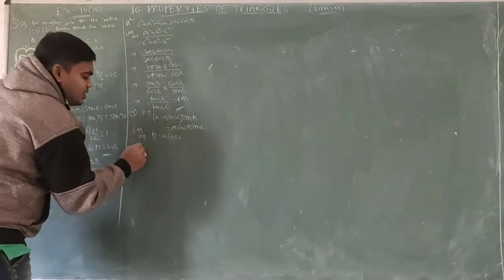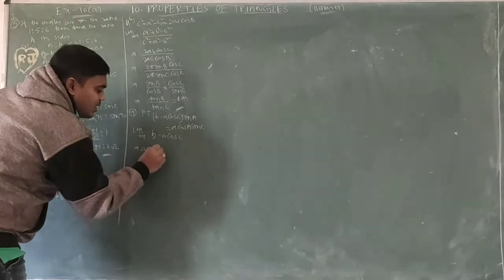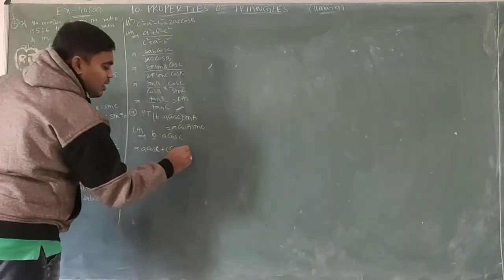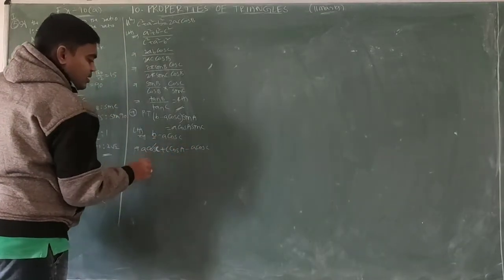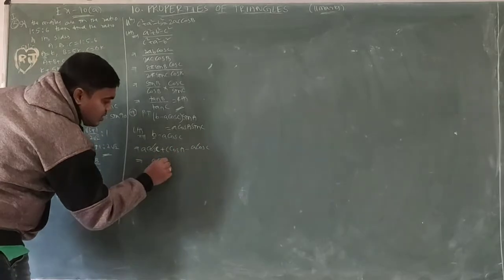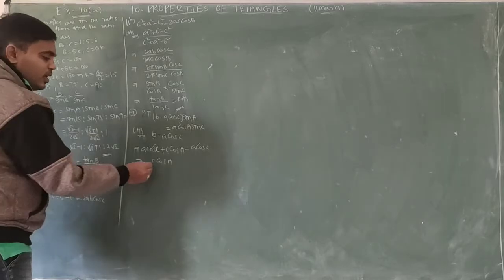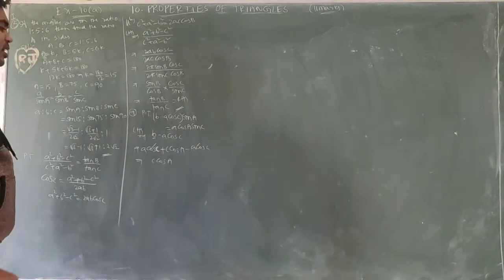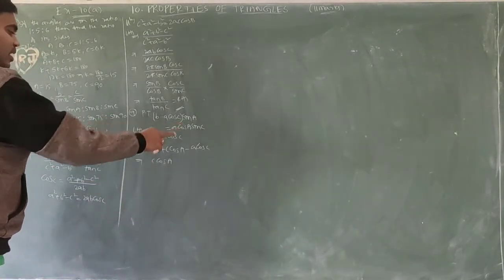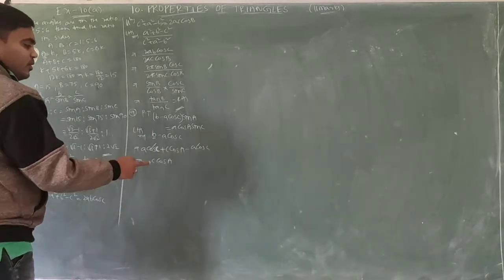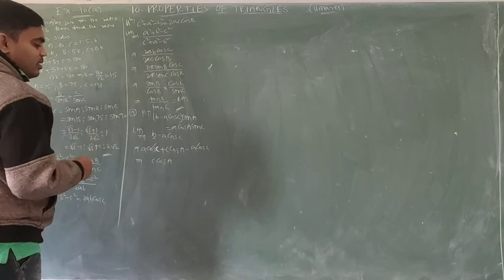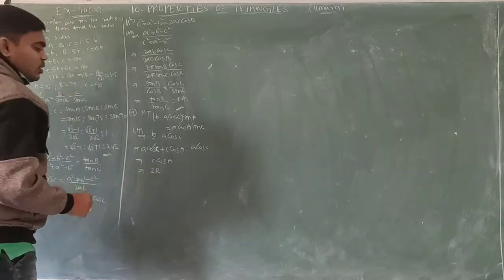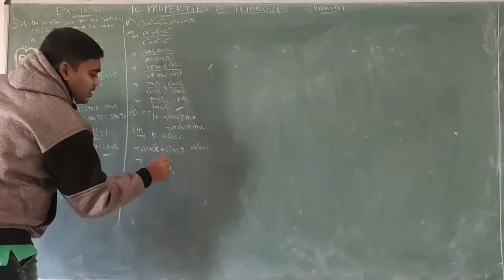So this b formula is a cos C plus c cos A, minus a cos C. The a cos C cancels, so we get c cos A. We need to prove a cos A sin C. So c cos A we got. Now I am writing c as 2R sin C.